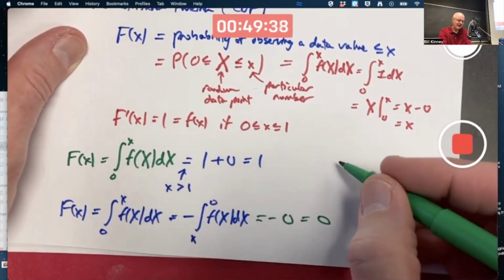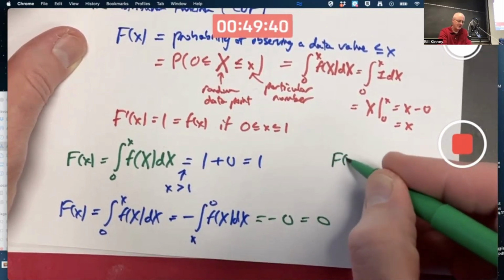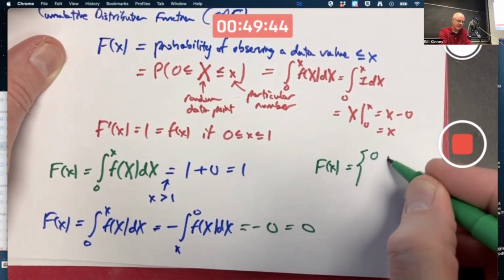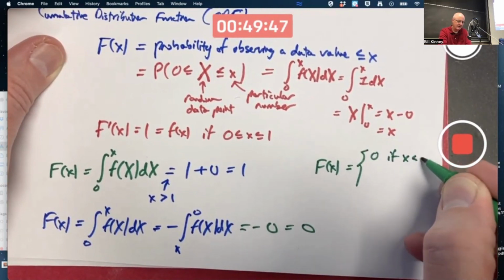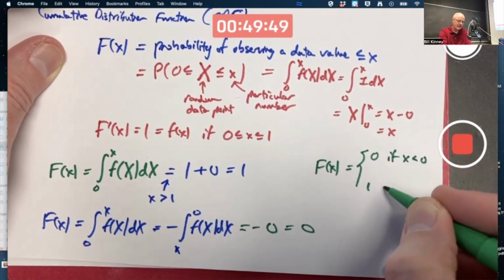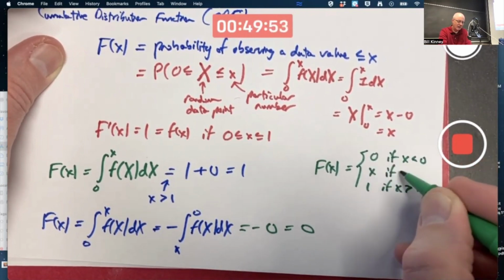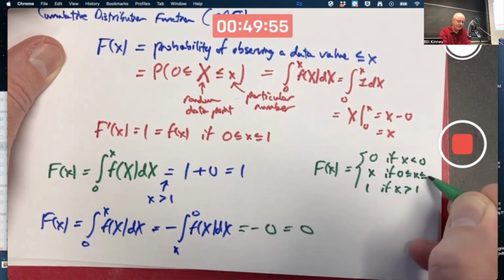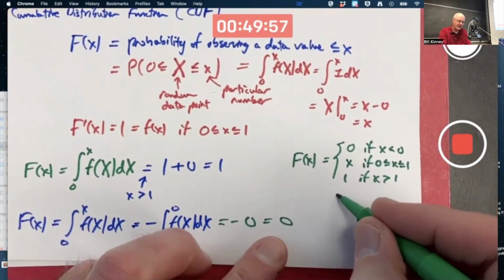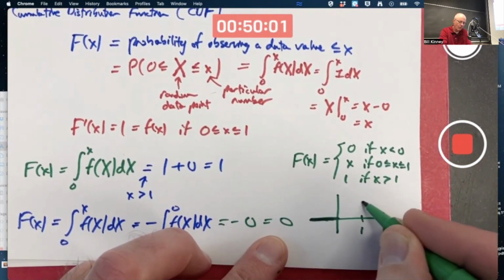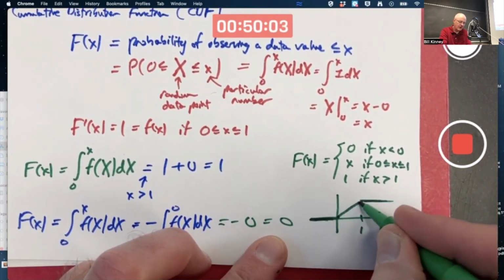What I've done here is I've created a piecewise function, capital F of x, that is 0 if x is negative, 1 if x is bigger than 1, and x if x is between 0 and 1. And if you graph this function, its graph looks like this. 0 over here, 1 over here, and linear in between.